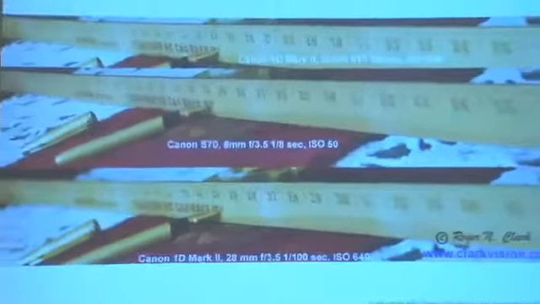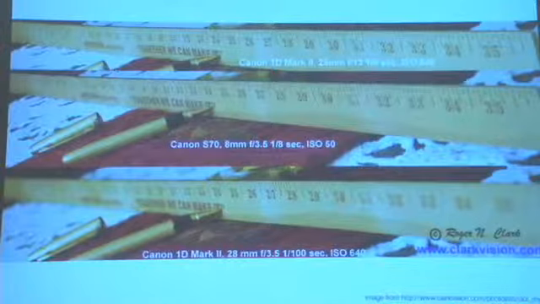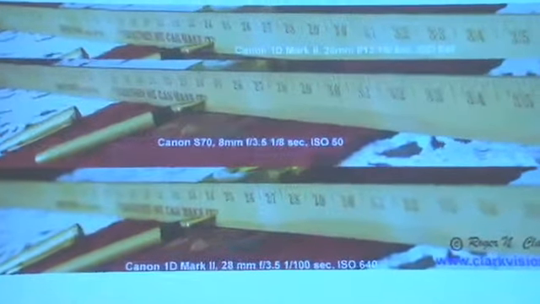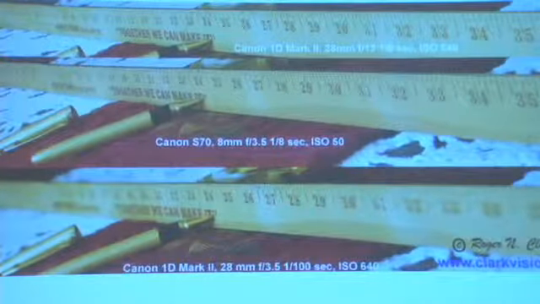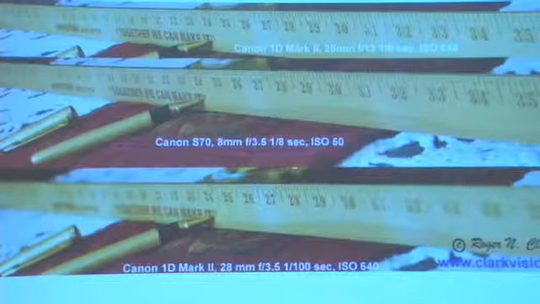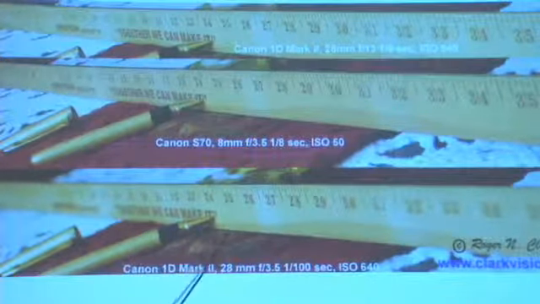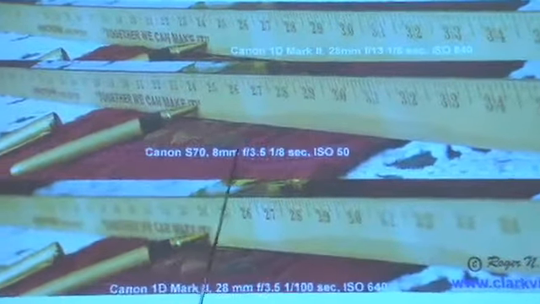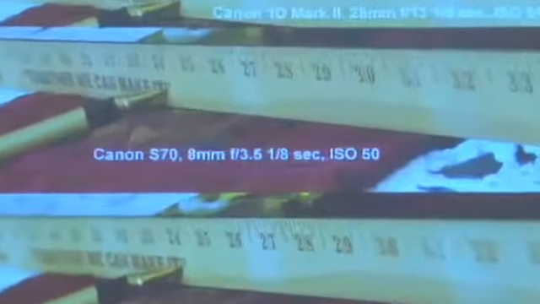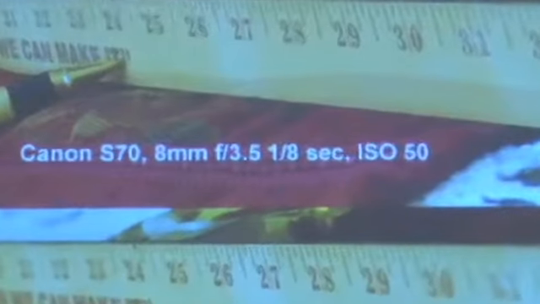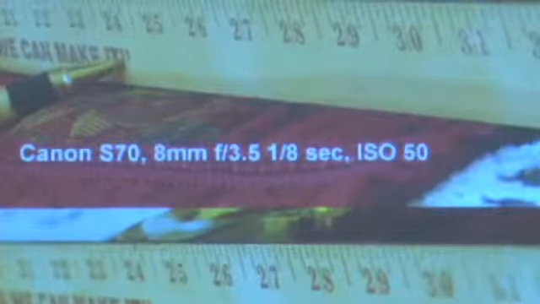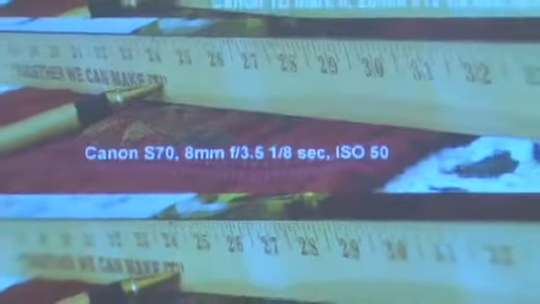Now on the Canon compact camera, we are using a much smaller sensor, and in order to get the same field of view, remember we have to shorten the lens itself. So rather than a 28 millimeter lens, we're using an 8 millimeter lens, and we get the same amount of the scene within the image.